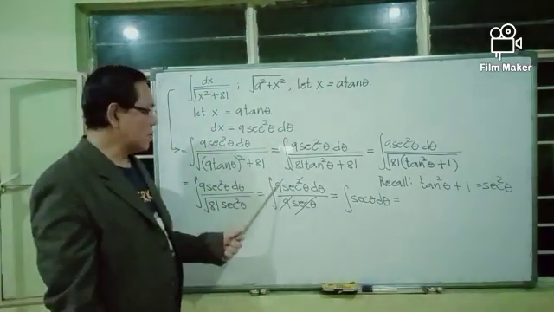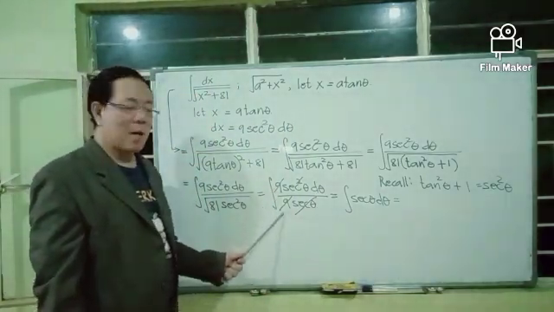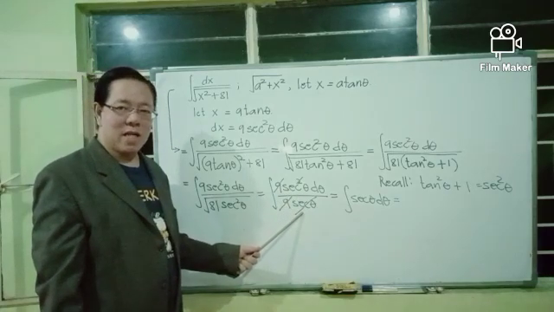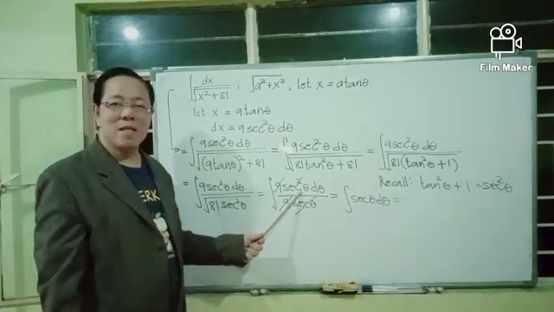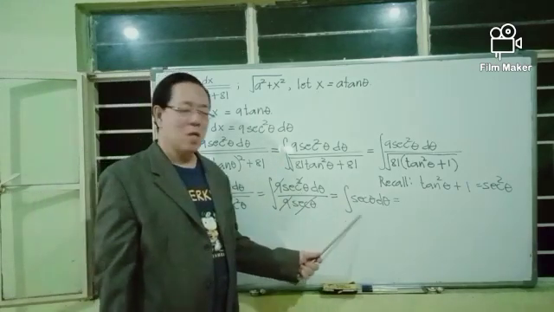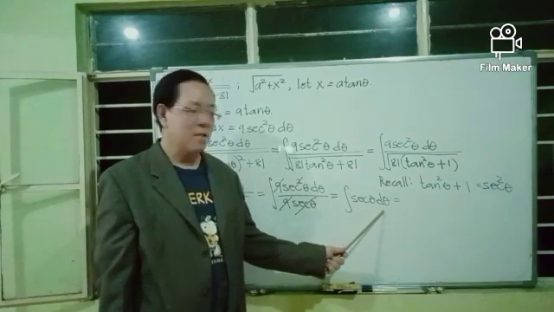We cancel out 9 in the numerator and 9 in the denominator, and one secant theta in the denominator and one secant theta in the numerator.